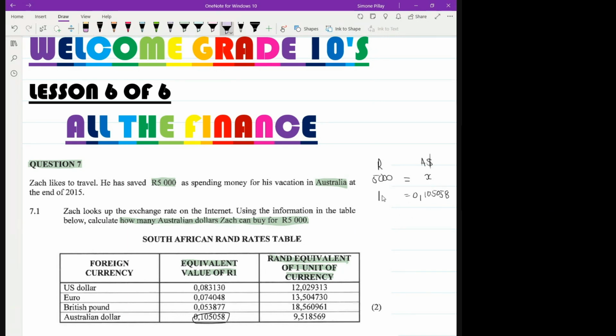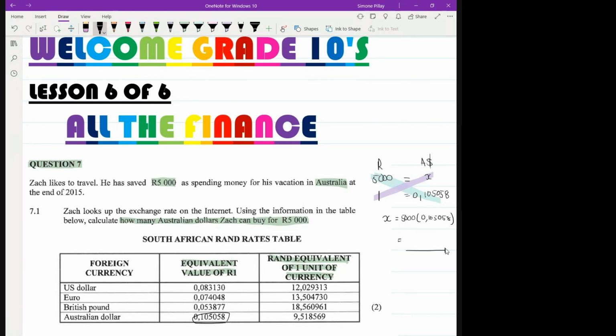So remember, we are going to cross multiply. What would happen is 1 times x is going to give me x, which would equal 5,000 multiplied by the 0,105058.